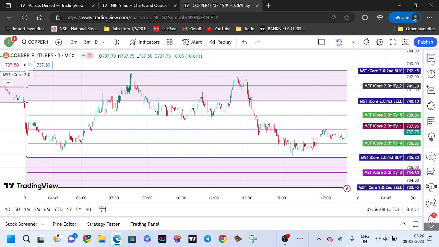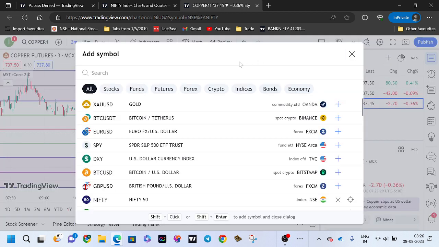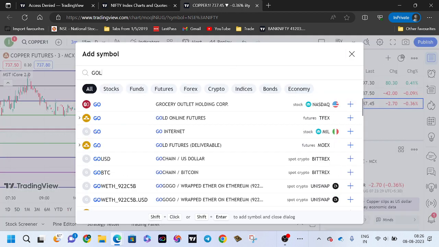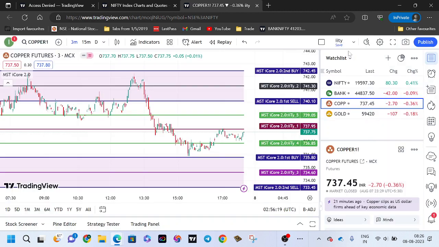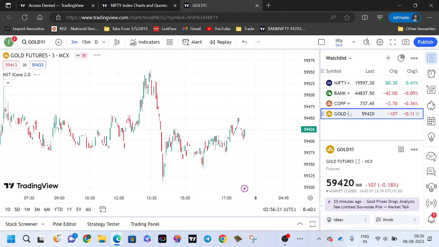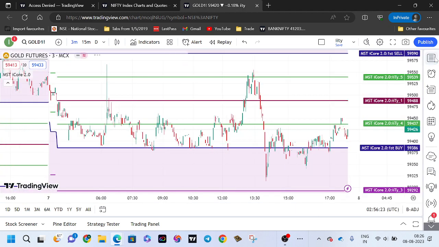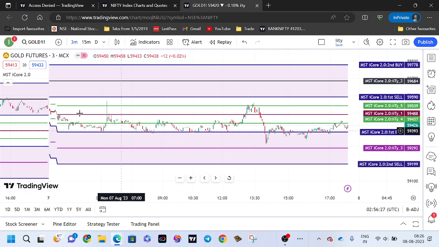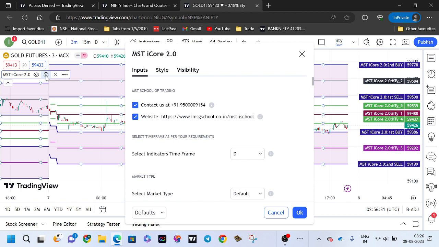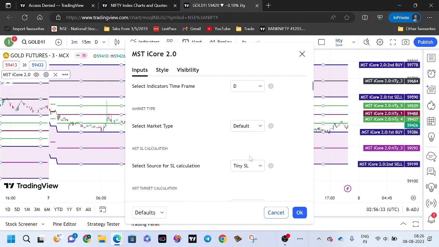Now I will select one more script. What do you want? Gold, right? Another important script is gold futures in Indian market. Selecting the gold. See what happened. So if gold is around 60,000, I told you above 10,000 you can keep very tiny SL.